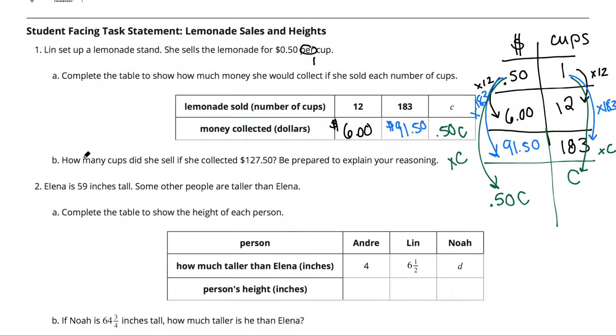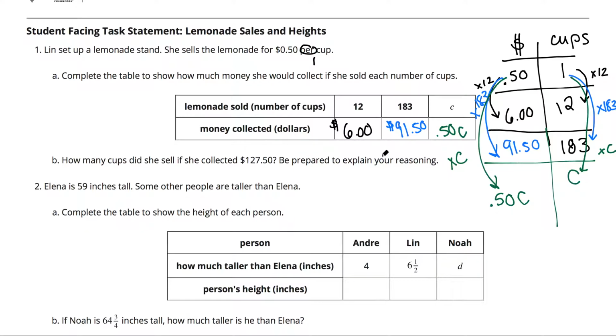Okay, so now this is the point where we're going to take this expression, because right now 50 cents times C, that is an expression. I'm going to change it to an equation that we can solve. Take a look at this question. How many cups did she sell if she collected $127.50?